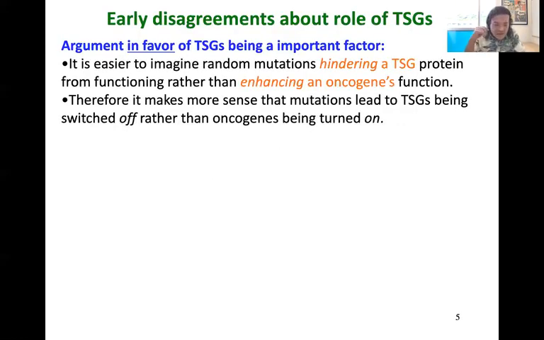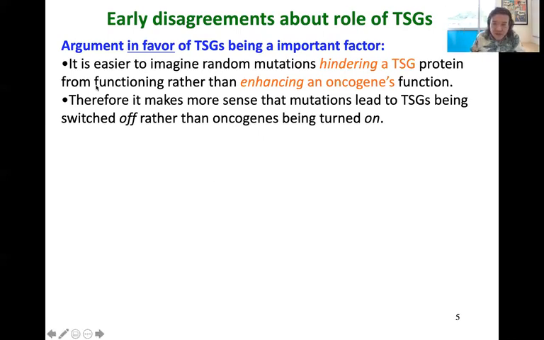So when early researchers realized that there must be certain genes that are involved in coding for proteins that are tumor suppressor proteins, they began to wonder, what's more important? The proto-oncogenes mutating into full-blown oncogenes, or tumor suppressor genes being somehow disabled?